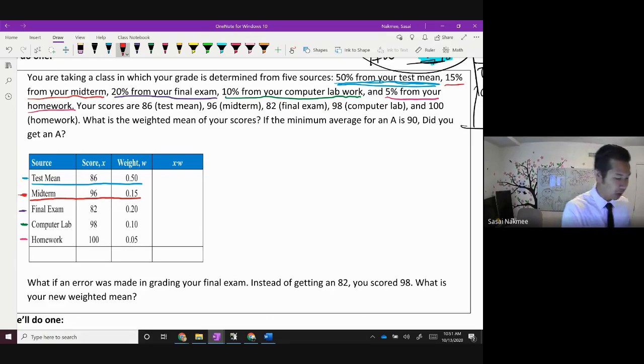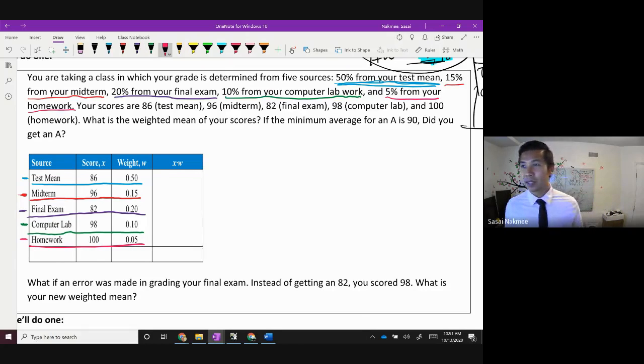Notice the percentages are right here as your weights. They write it as a decimal. Final exam, they got a B, an 82 out of a possible, I'm assuming, 100. Computer lab, they have right here, and the homework down here at the bottom. They did all their homework.